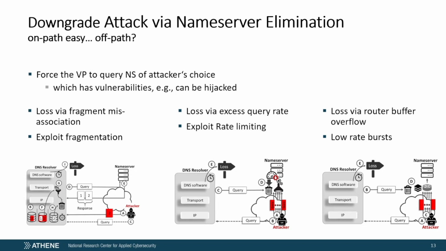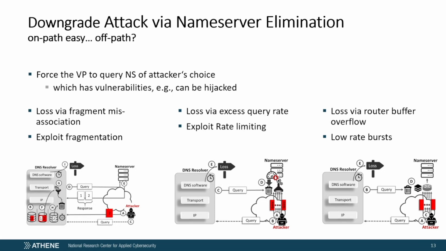So if the attacker synchronizes the burst with the query of the VAs, it will cause the router to simply drop the query of the VAs. We could not evaluate this methodology in the internet because it causes packet loss, but we evaluated it ethically in a controlled environment that we set up.